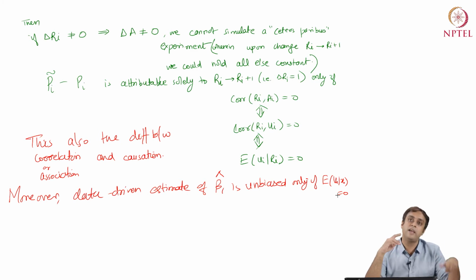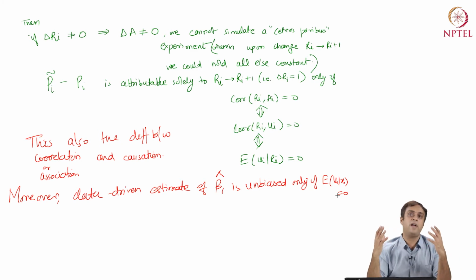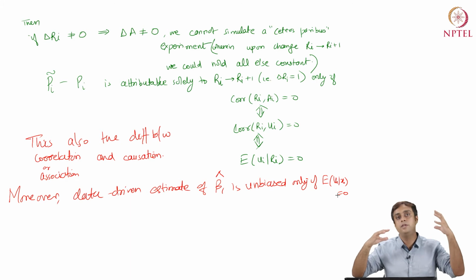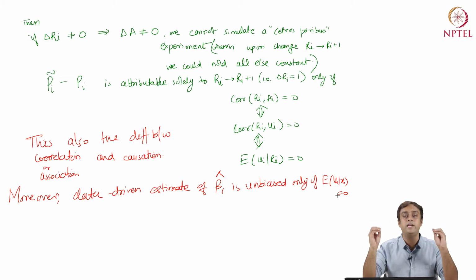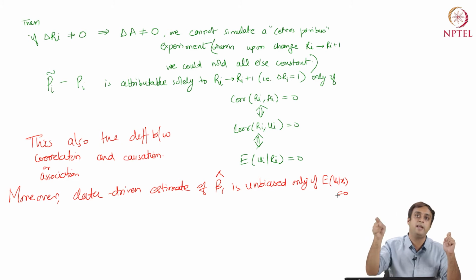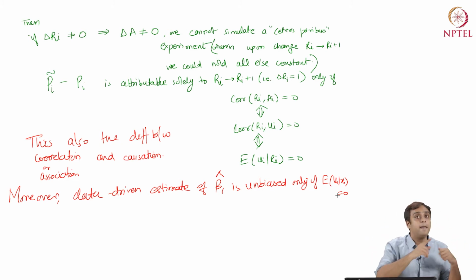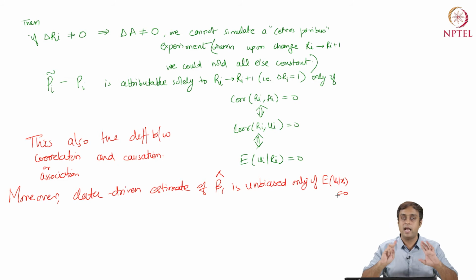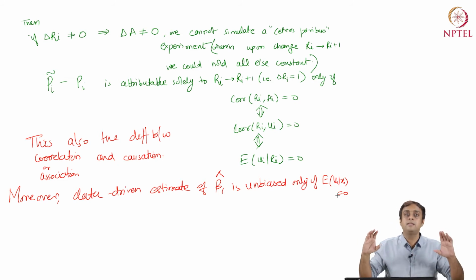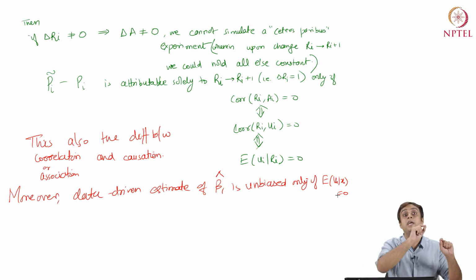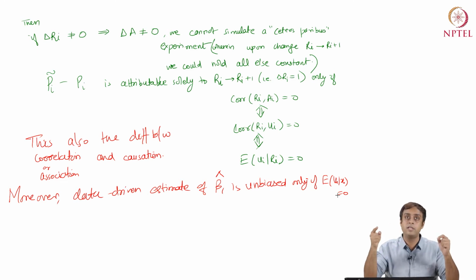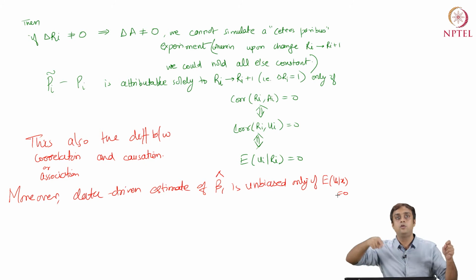Because look, the definition of beta 1 arises from the fact that Pi is sitting on the left hand side and Ri is sitting on the right hand side. So beta 1 by definition measures a unidirectional relationship which starts at Ri and ends at Pi. If expectation Ui given Xi fails, that means the causality is not in the direction of Ri to Pi, rather it is merely an association which can come from Pi to Ri as well.